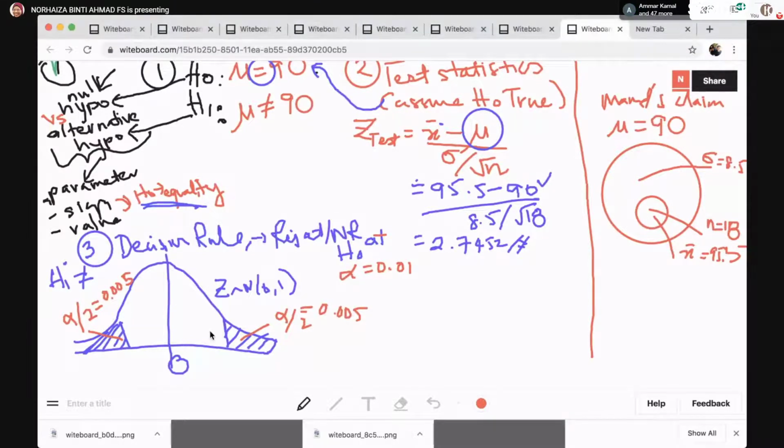Now, this shaded area is also called the area of reject H naught. So if my value 2.7452 lies within the shaded area, I'm going to reject my H naught.